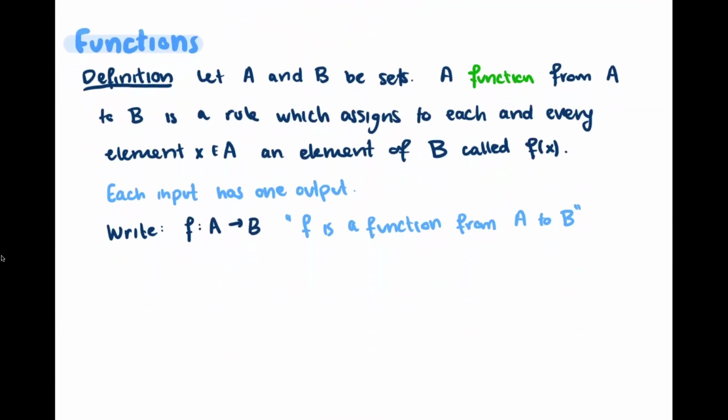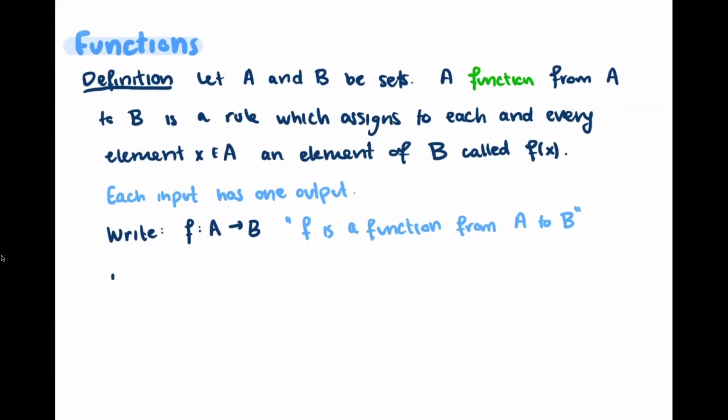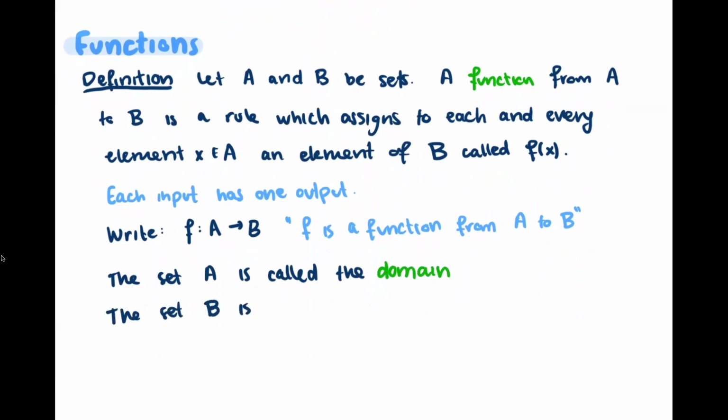So three other pieces of terminology. The set A is called the domain. And the set B is called the codomain.